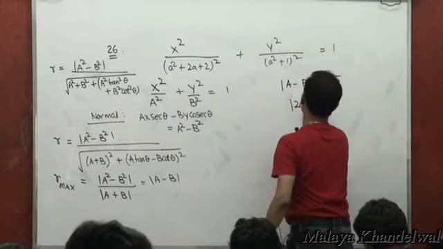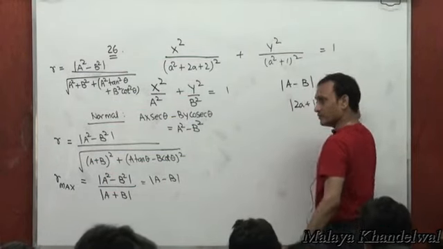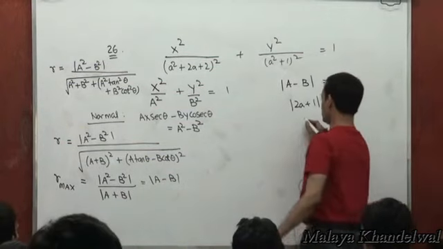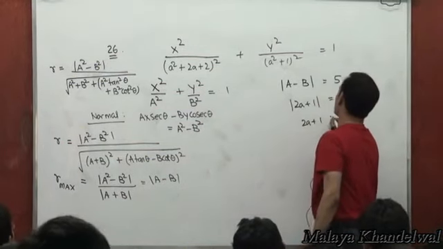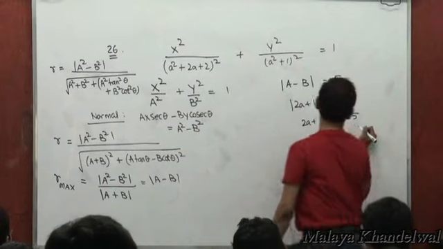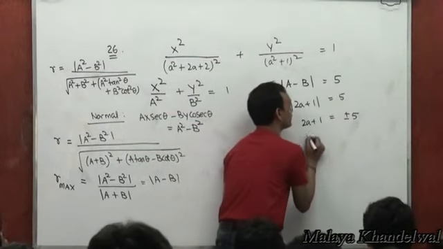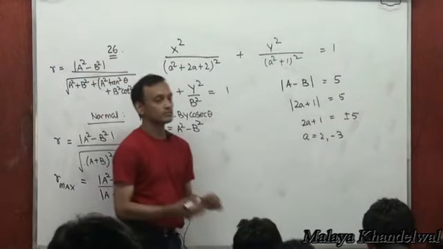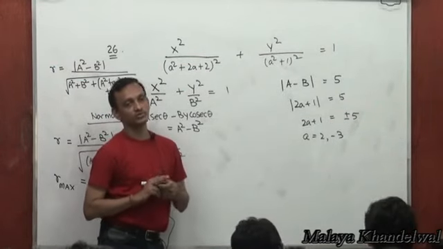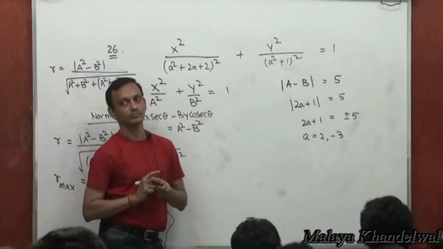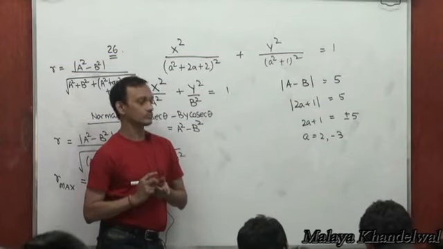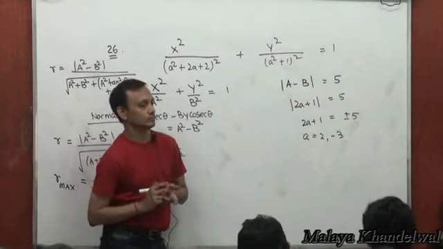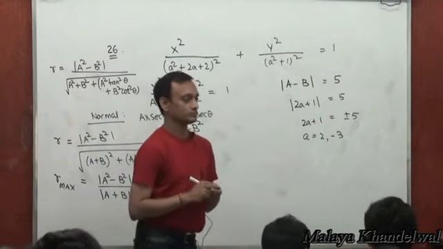So mod of 2a plus 1 is 5, or 2a plus 1 is plus minus 5. So one of the values of a is 2. The other value of a is minus 3. These are the two values of a. Got me?